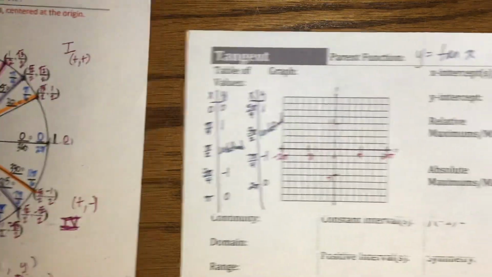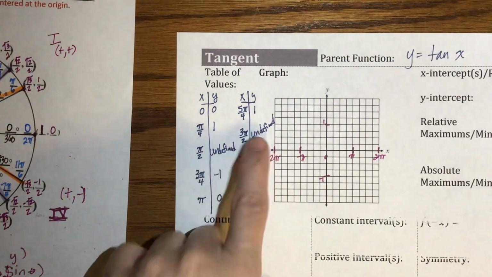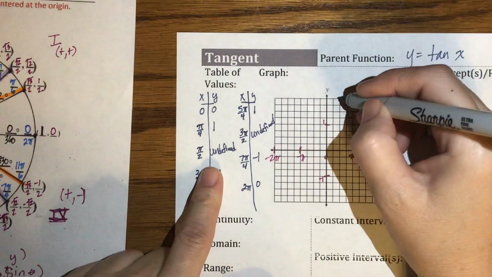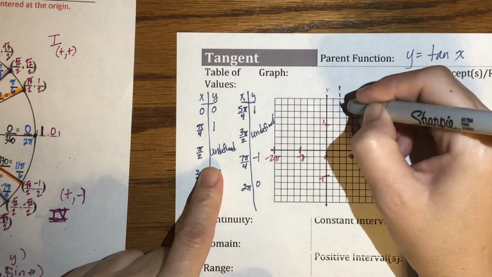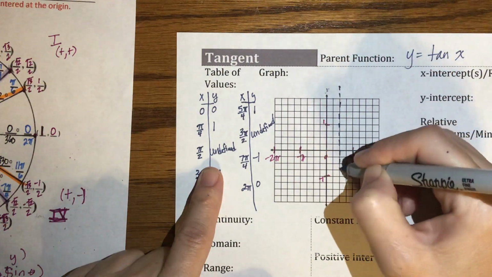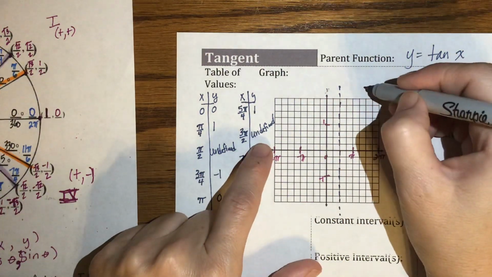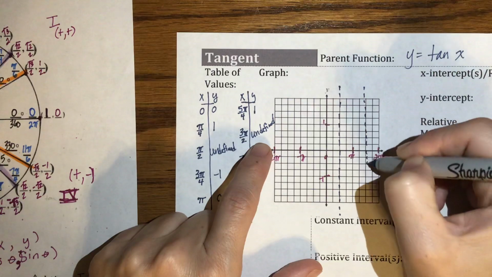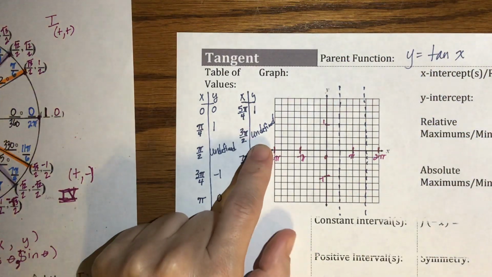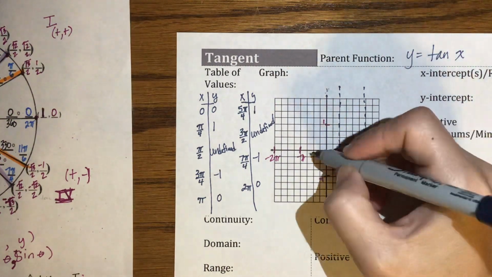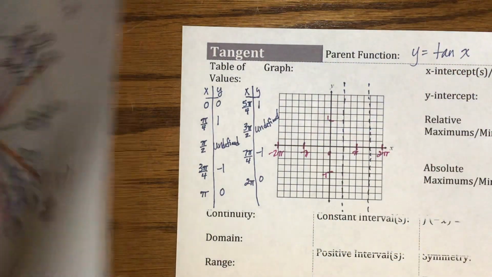Now, here's what's going to happen. At these undefined values, you're going to have an asymptote. So at pi over 2, and at 3 pi over 2. Now, notice going backwards, same thing's going to happen, right?